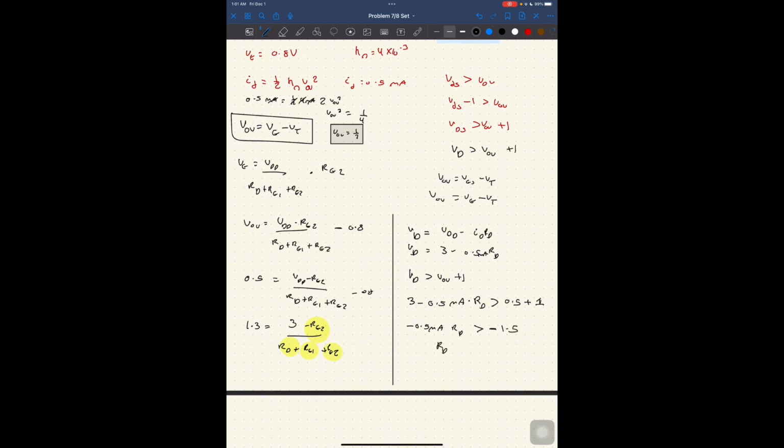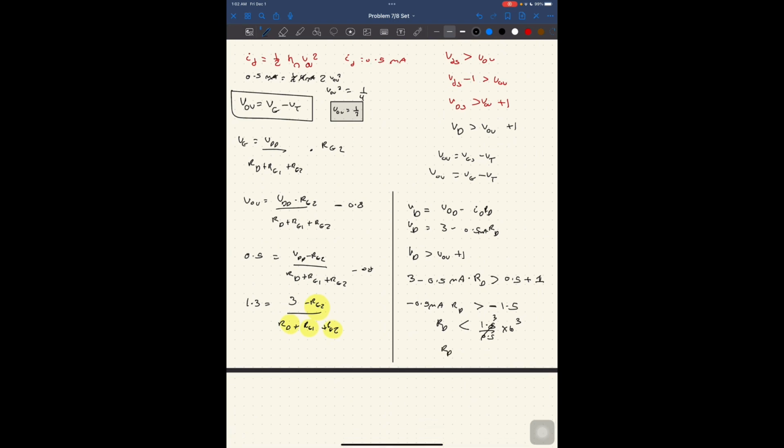So RD is less than 1.5 over 0.5 times 10 to the 3, apparently. And so 1.5 over 0.5 is just 3.